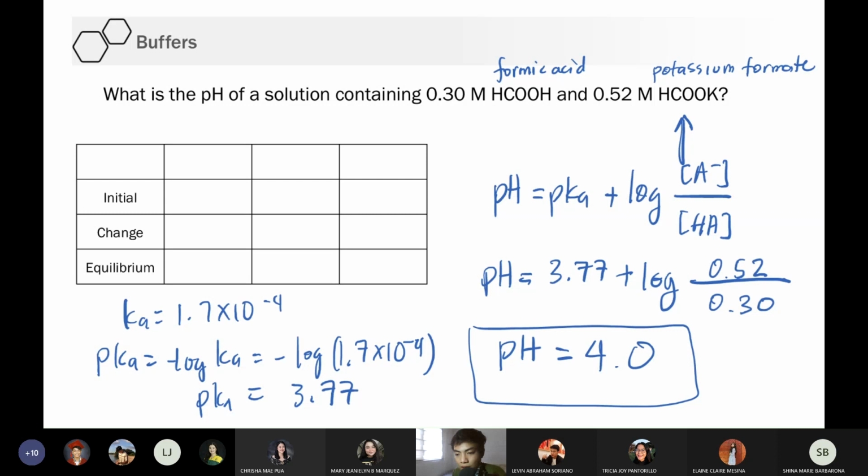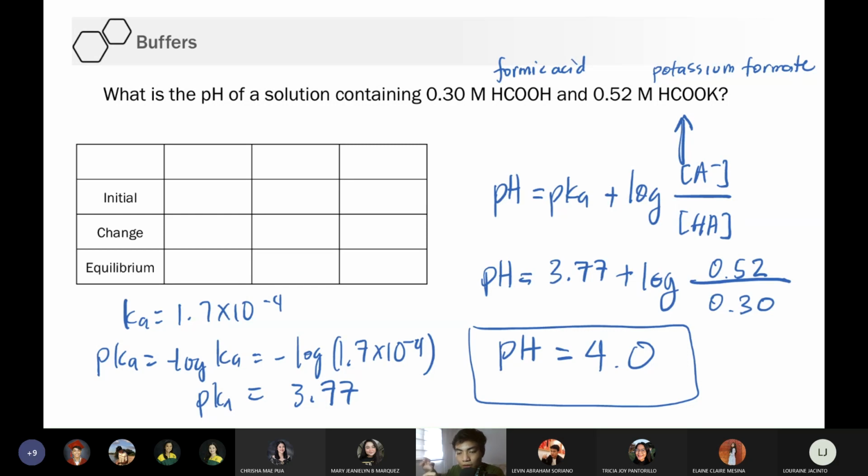Ayan, so suppose your enzyme works at pH 4. You have to create a buffer solution at pH 4. So gagawin mo, magtitimpla ka ng 0.3 molar formic acid and magpe-prepare ka ng 0.52 molar ng potassium formate. Then pagsasamahin mo lang sila.